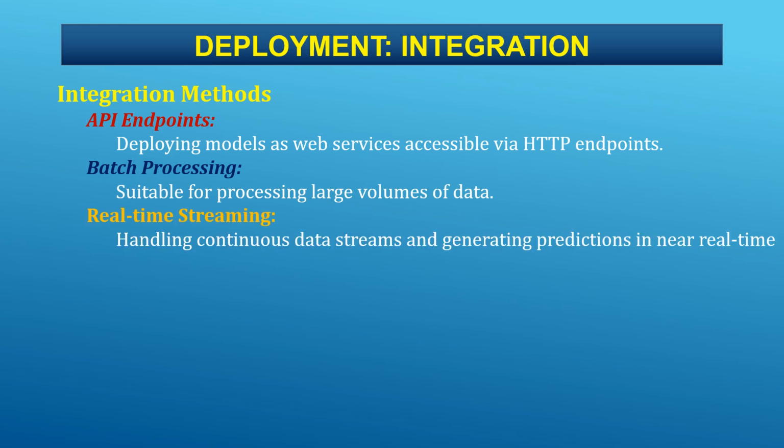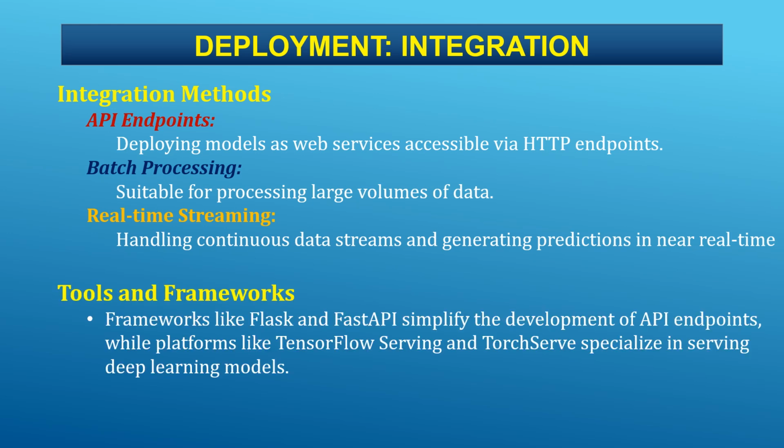Real-time streaming: handling continuous data streams and generating predictions in near real time, often used in IoT applications. Tools and frameworks like Flask and FastAPI simplify the development of API endpoints for model deployment, while platforms like TensorFlow Serving and TorchServe specialize in serving deep learning models.